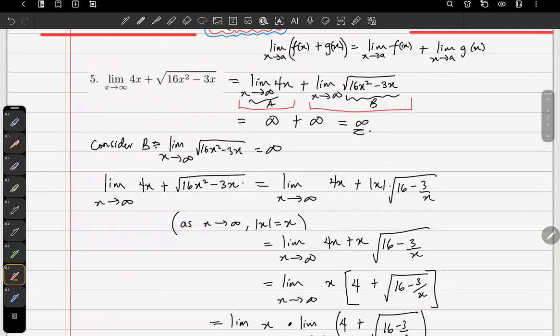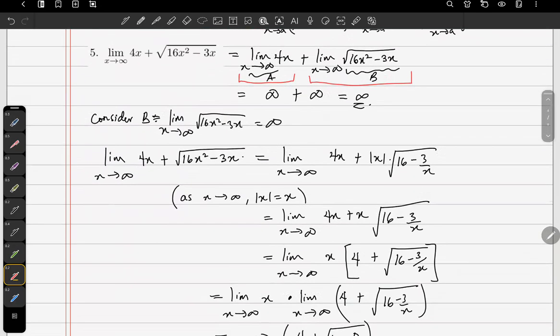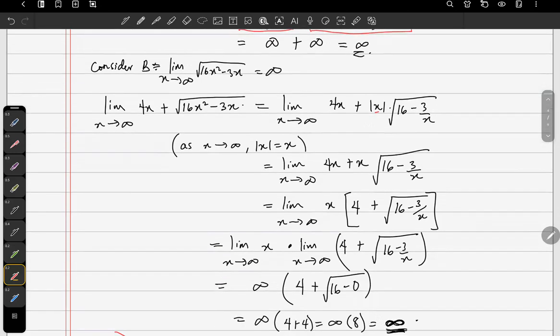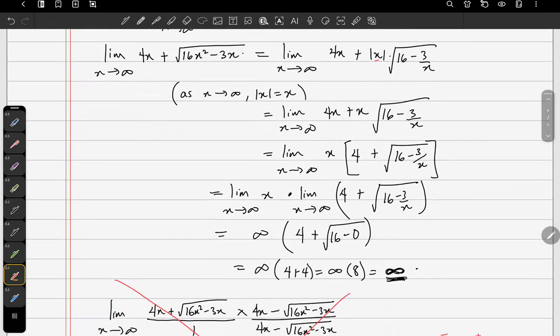Okay, and if you don't want to go direct, the next best thing is to factor out the x like this. Since it is not infinity minus infinity, you are allowed to do that, and going with that method, you get infinity times something, which eventually gives us infinity.